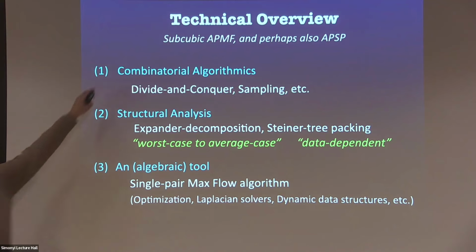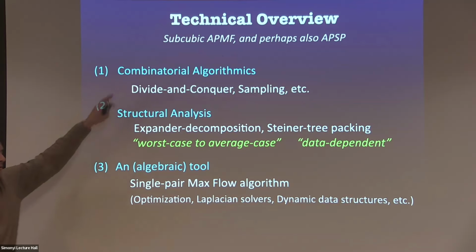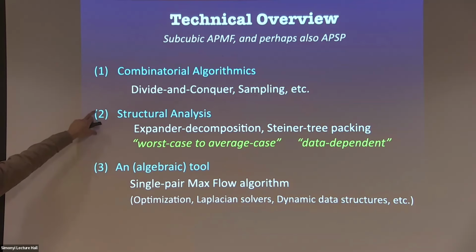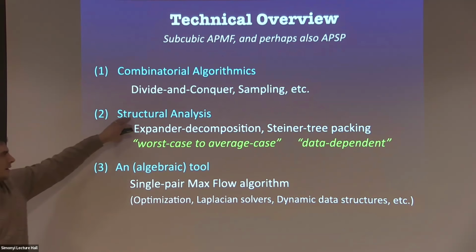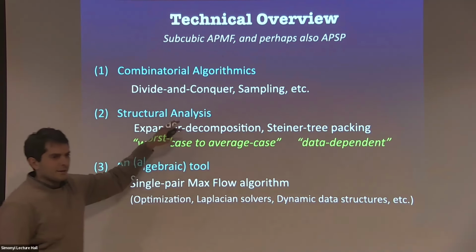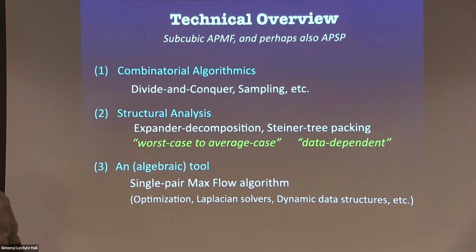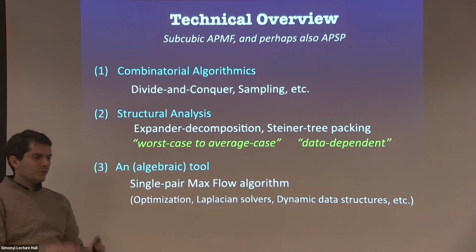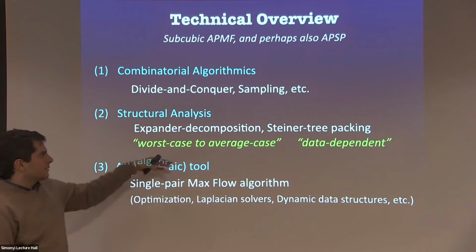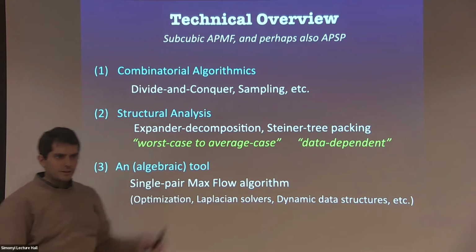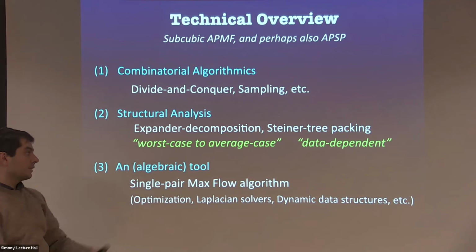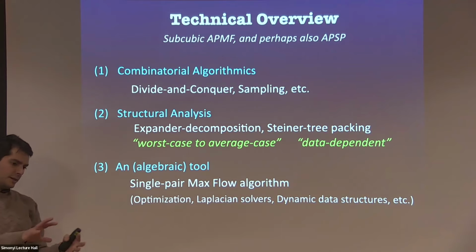So there's this algorithmic stuff. And then one thing that's there in modern algorithms is some kind of data-dependent thing, or some kind of structural analysis of the input itself, where you do something for the graph, something like an expander decomposition or something else that we've used here, like standard tree packing.